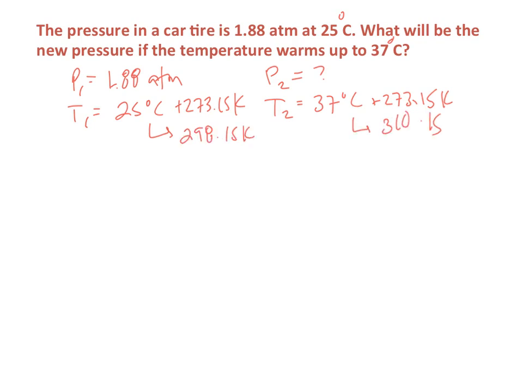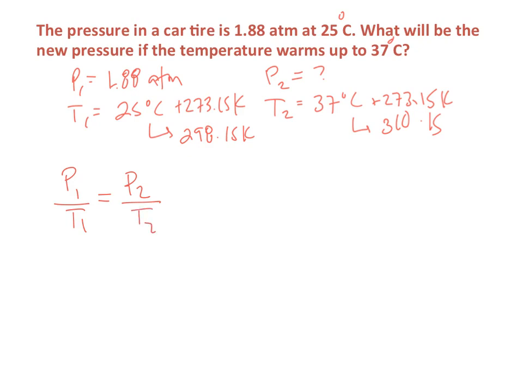After we've done that, we now have to check which equation we're going to use. There is no mention here of volume, so we're going to assume that it is constant. So P1 over T1 equals P2 over T2.